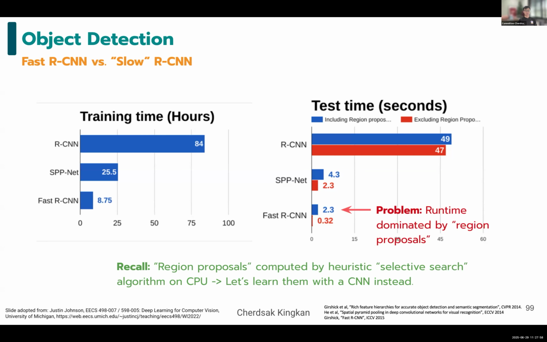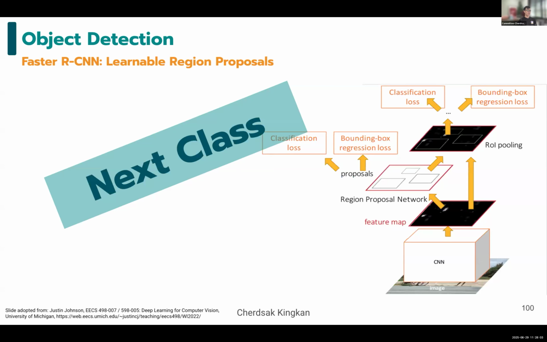So that brings us to faster RCNN, which is a learnable region proposal. All right. So we will see how we can eliminate the heuristic selective search algorithm to extract a region of interest, and instead use a CNN to learn how to propose the regions that should be the regions of interest. All right, so next class, we are going to learn about faster RCNN.